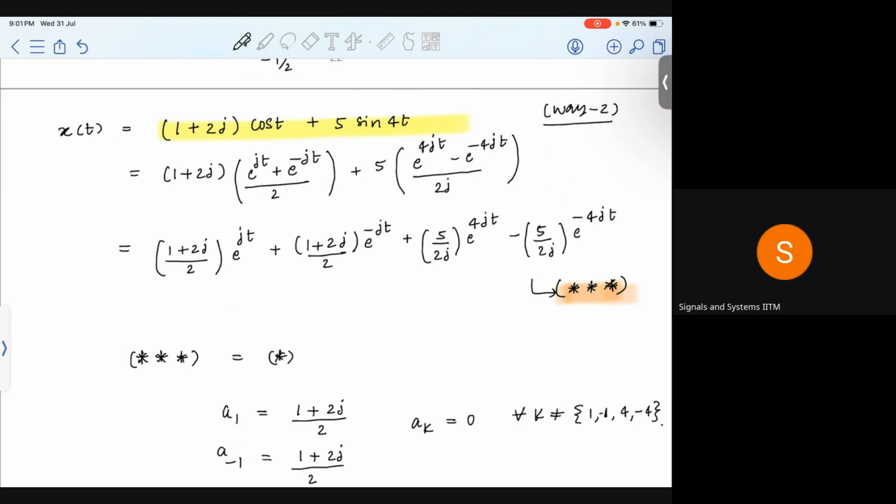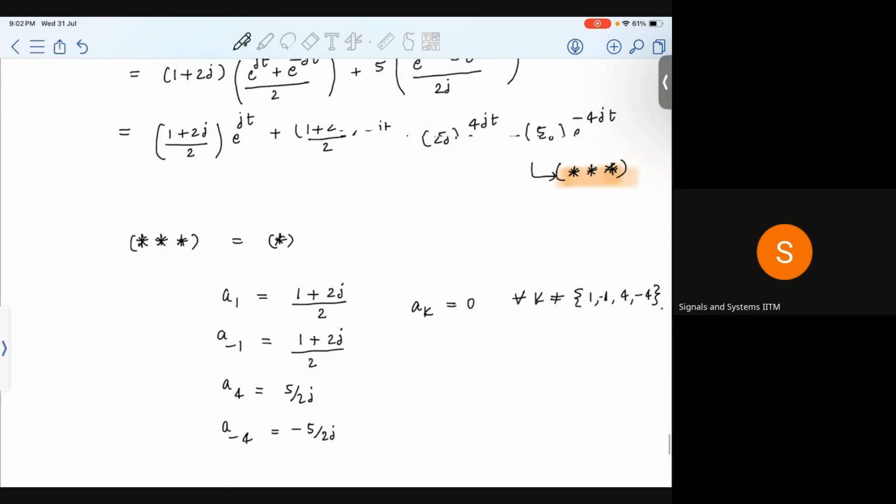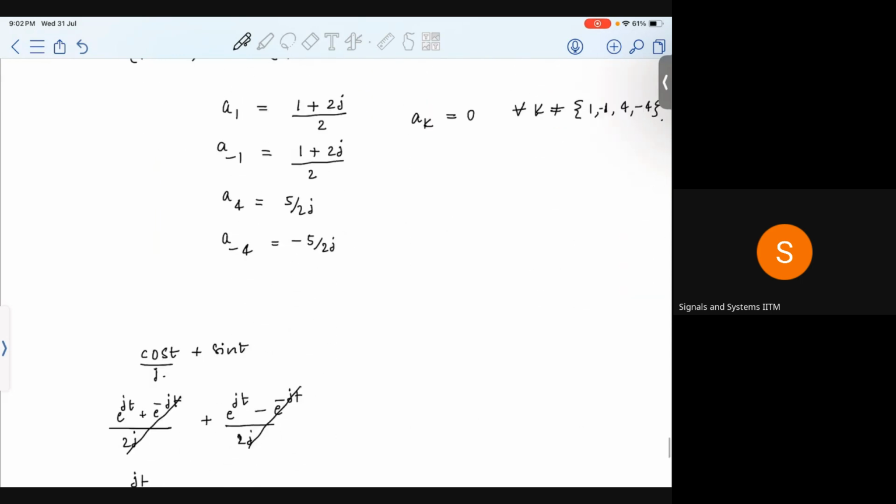Okay, I think convolution can be thought of as an operator.